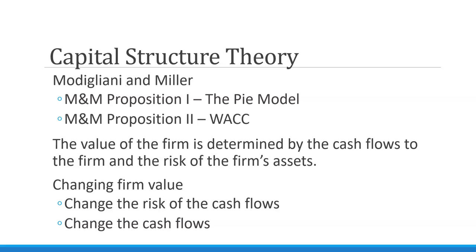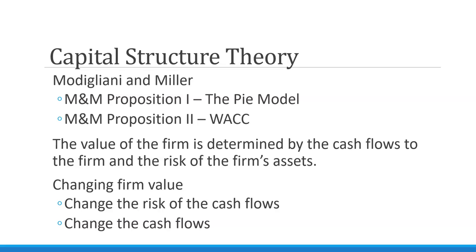M&M Proposition 2 says, although changing the capital structure of the firm doesn't change the firm's total value, it does make important changes to the firm's debt and equity. However, this tells us that the cost of equity depends on three things: the required rate of return on a firm's assets, the firm's cost of debt, and the firm's debt to equity ratio.